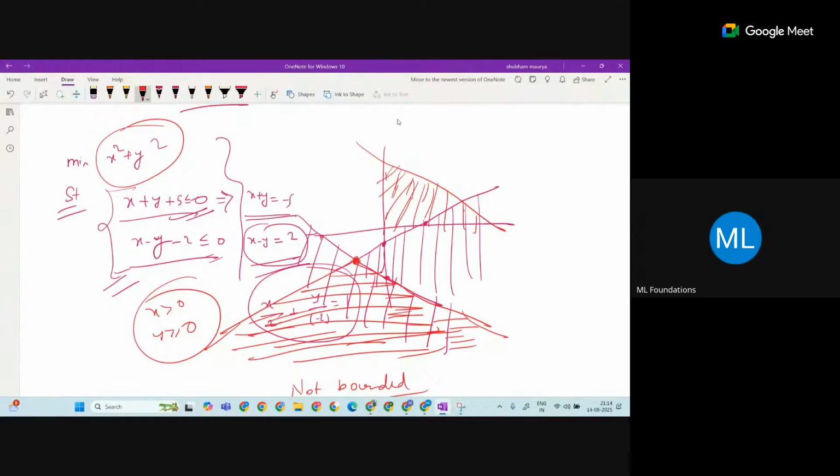Suppose you draw the feasible region and you got it like this. So you got the corner points here, here, and here, and where it gives the minimum value, you can substitute. The optimum solution is going to be on the corners.